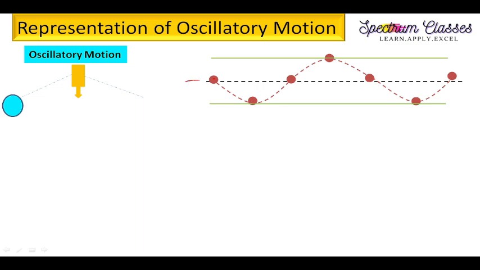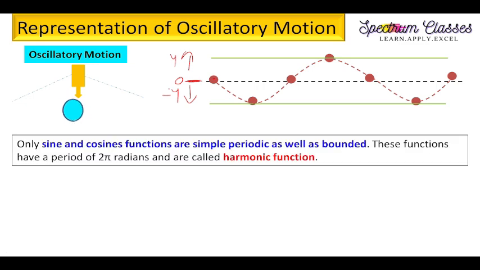Here is the mean position. It is moving towards the y-axis plus and y-axis minus, and this is 0, or we can say the mean position. So this is our oscillatory motion, represented pictorially in this manner, right?